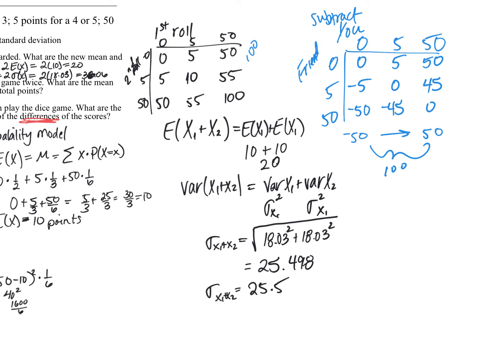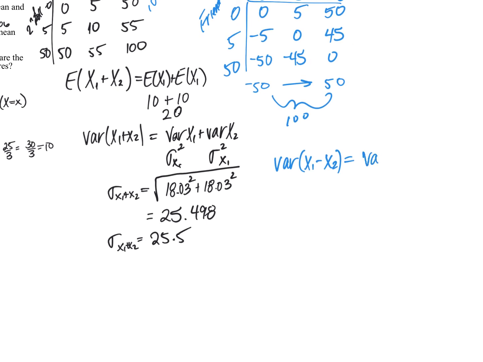So I want you to see that our spread is not really changing whether we add it or subtract it. And so that's why even if I'm doing the variance of x1 minus x2, that's you minus your friend or whatever, I am still going to add the variances, the variance of x1 plus the variance of x2. And so my formula doesn't change.